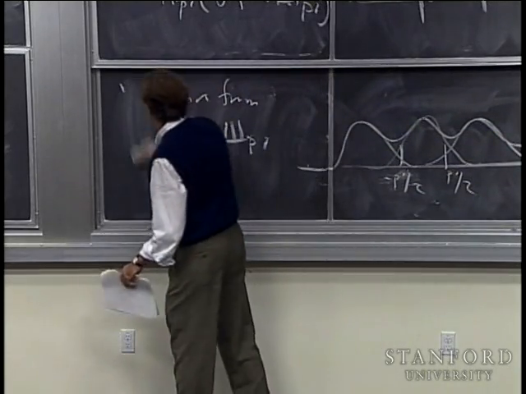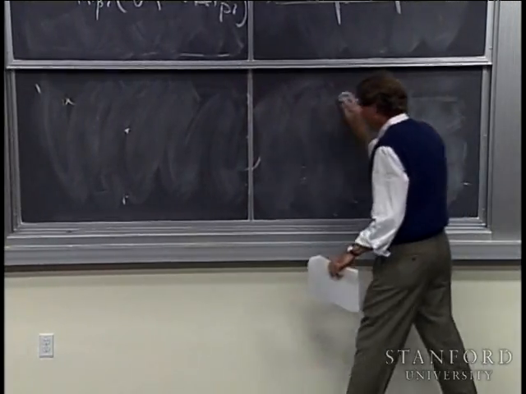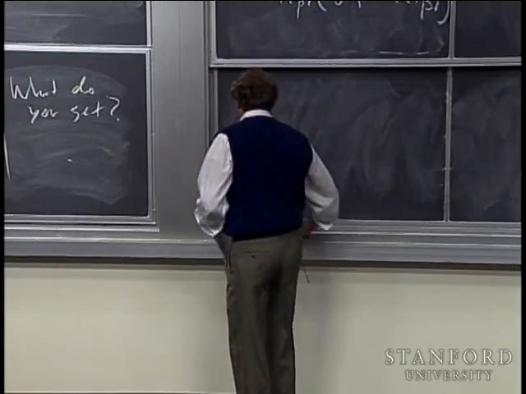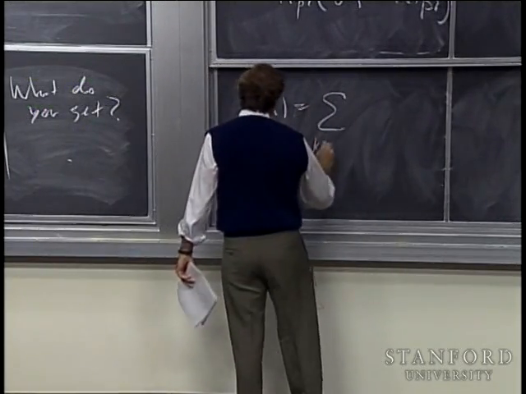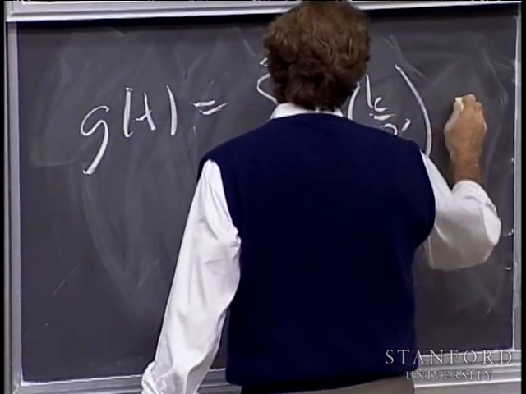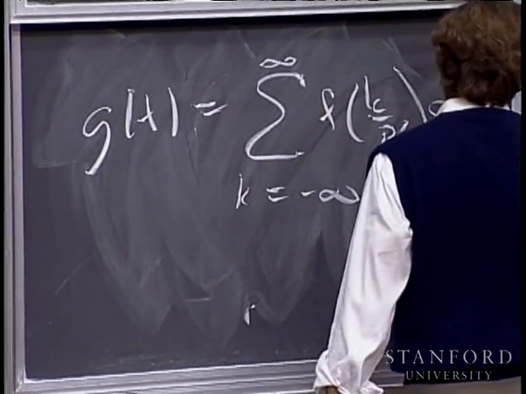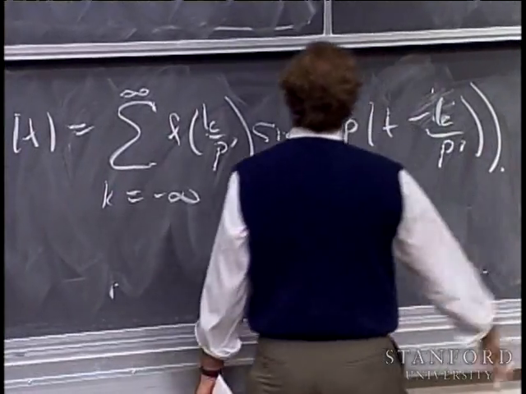It's a fine signal. So let's say g of t is this sum, k equals minus infinity to infinity, f of k over p prime, sinc of p prime t minus k over p prime. That's it.